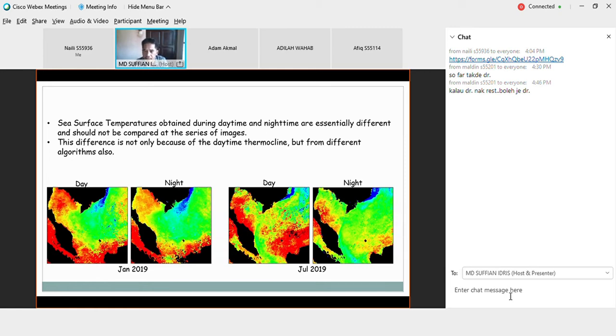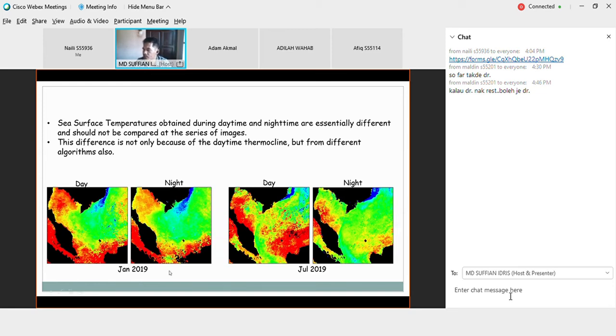So the best way to get the consistent data is during night time. So biasanya kita pakai night time punya measurement untuk application. Sebab during daytime ni dia ada diurnal variation.